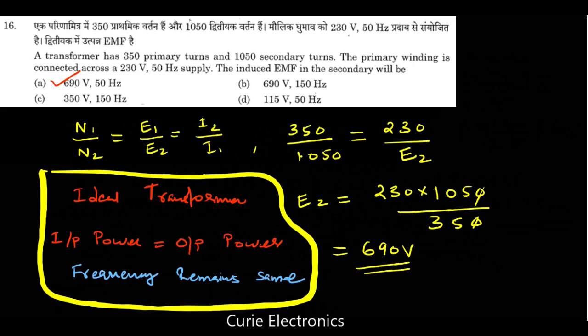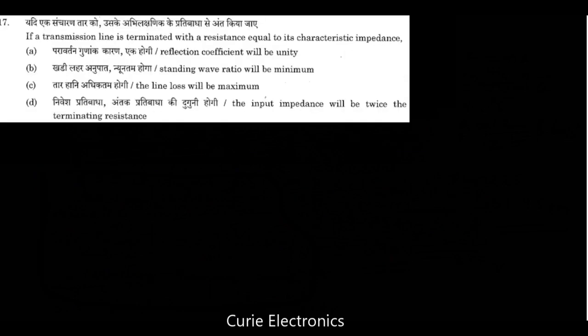Let's move to the next question. If a transmission line is terminated with a resistance equal to its characteristic impedance. See, we have a transmission line with characteristic impedance Z0, and we are connecting a load here, the load impedance ZL.